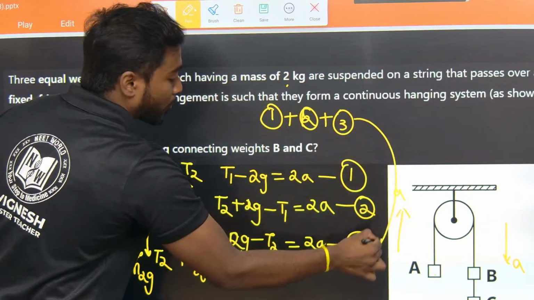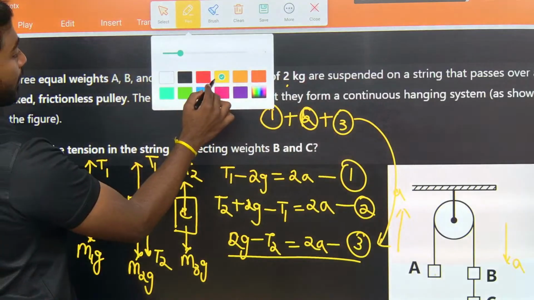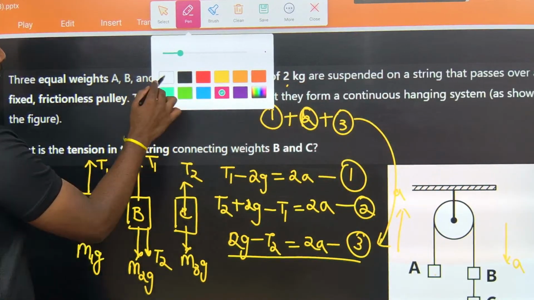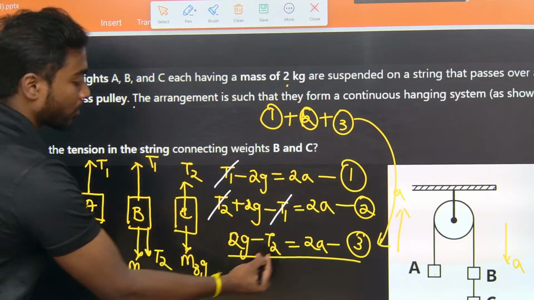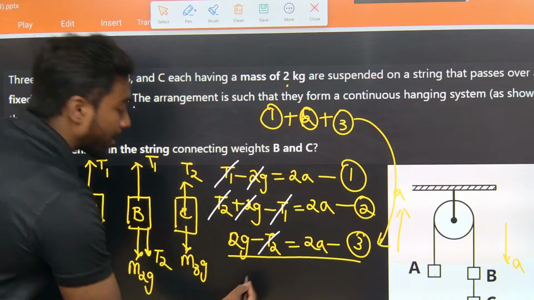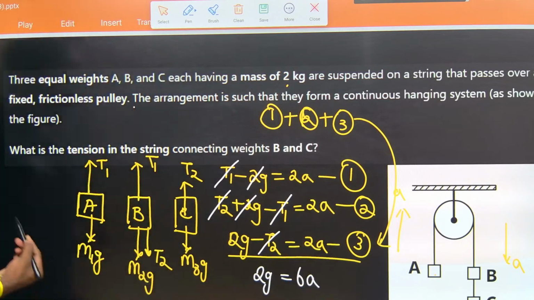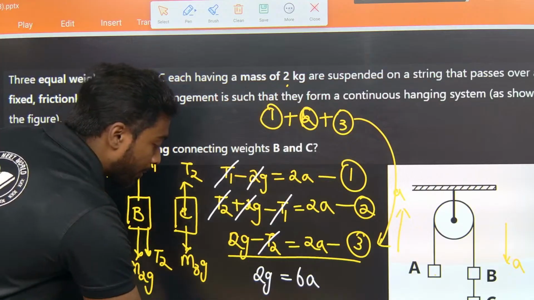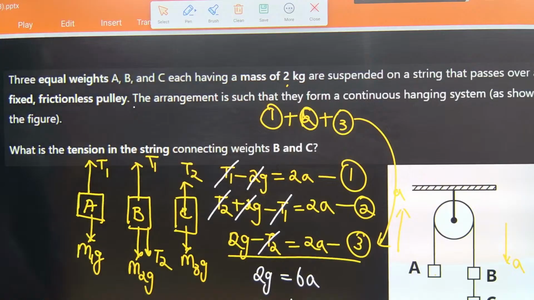This is the step I am doing here. T1 cancelled off, T2 cancelled off, and 2G cancelled off. So remaining will be 2G equals 6A, which means A equals 1 by 3 G, or G by 3.